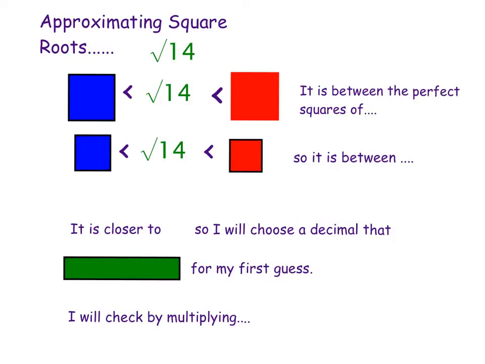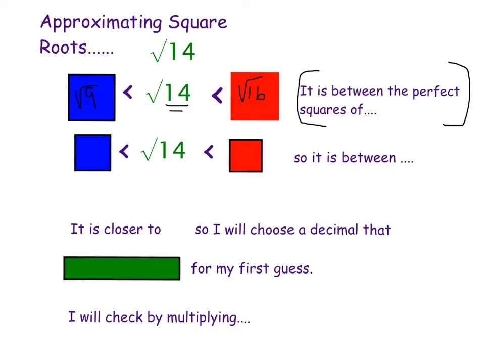So we're going to approximate the square root of 14. The first thing you need to do is think, okay, which 2 perfect squares is it between? We have the perfect square of 16 on one side and 9 on the other. If you look at that list, 14 falls between those 2 perfect squares.